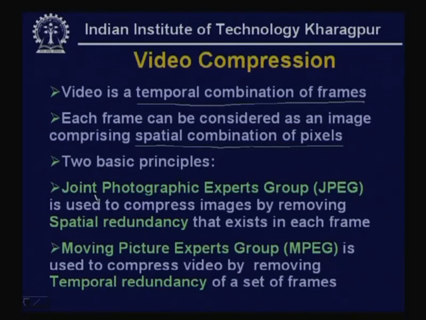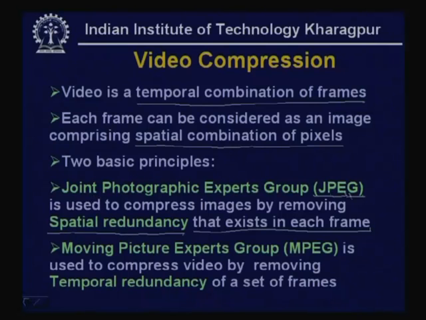One is the Joint Photographic Experts Group standard, that is the JPEG standard, that is primarily used to compress images by removing the spatial redundancy that exists in each frame. So, each frame is considered as a still picture, and the spatial redundancy present in it is reduced with the help of JPEG.